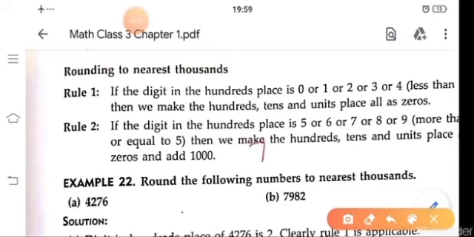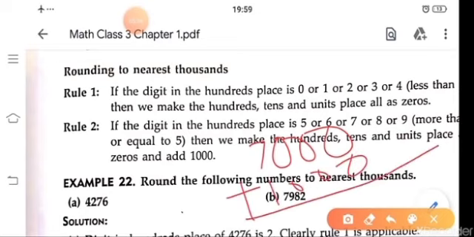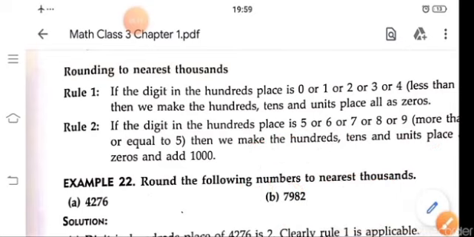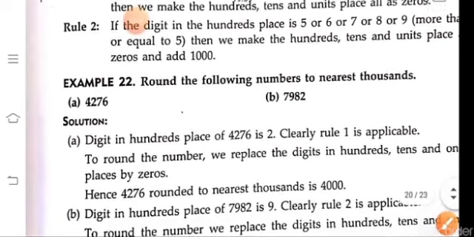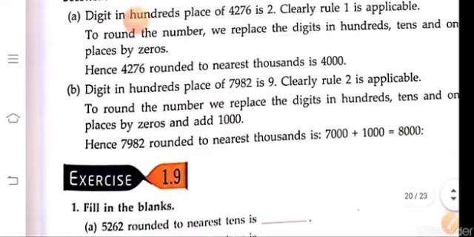Now children, 7, then in place of 9 we write 0, in place of 8 we write 0, in place of 2 we write 0, and then we add here 1000. So 0 plus 0, 0, 0 plus 0, 0, 0 plus 0, 0, 7 plus 1, 8. So the nearest number becomes 8000. Okay children, in this way you will do all the exercises.